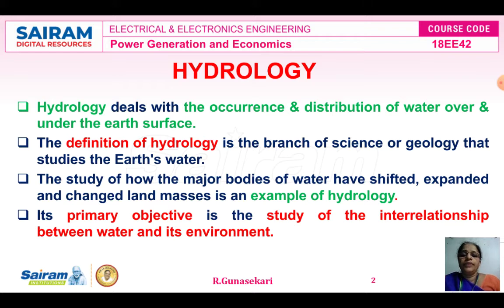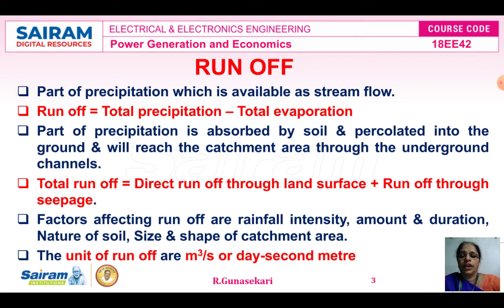The study of how the major bodies of water have shifted, expanded and changed land masses is an example of hydrology. The primary objective of hydrology is the study of the interrelationship between water and its environment. This is hydrology.